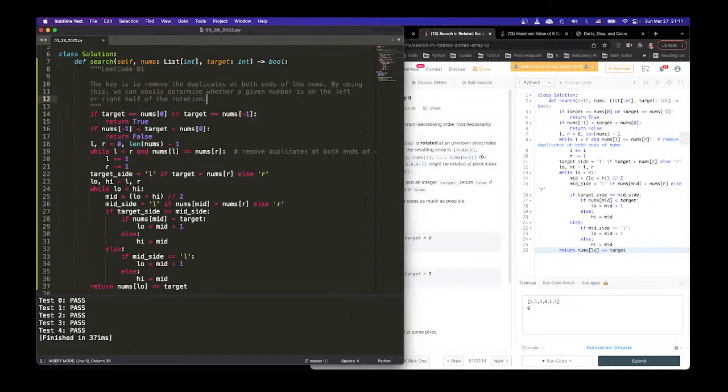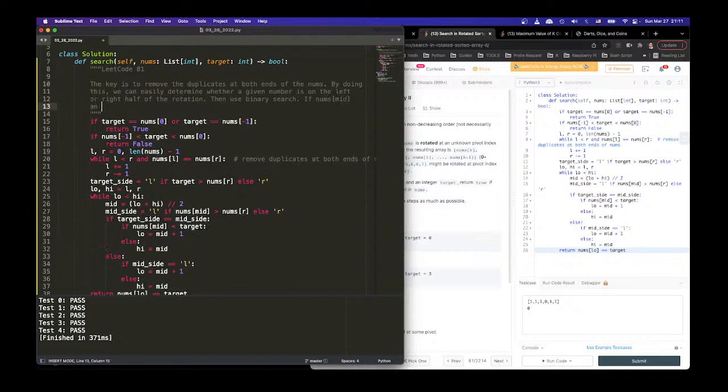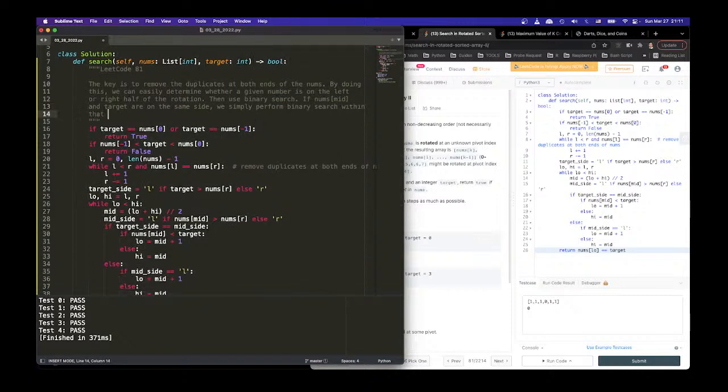Right. And then use binary search. Right. If nums mid and target are on the same side, simply perform binary search within that side.